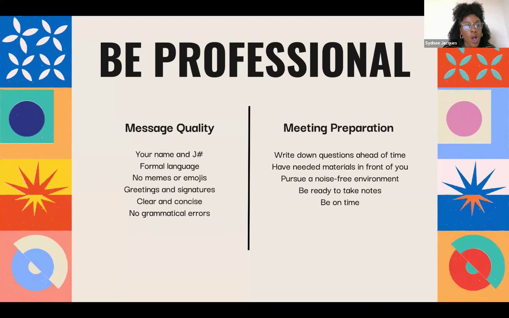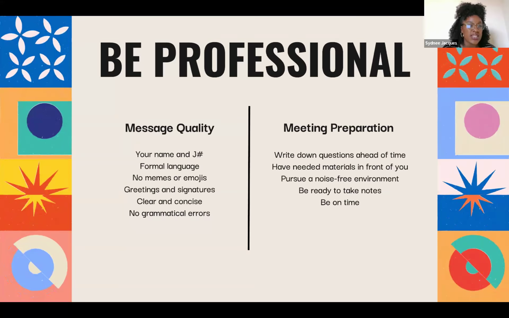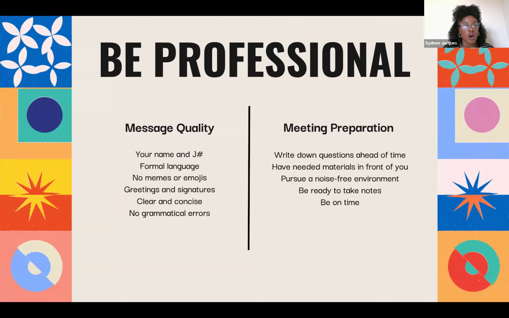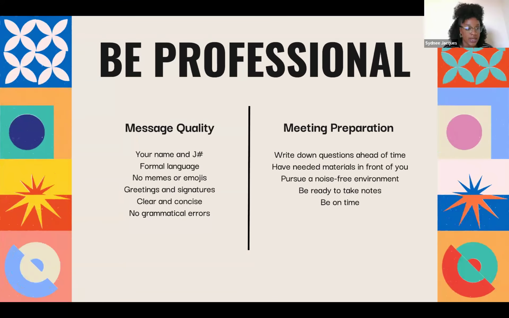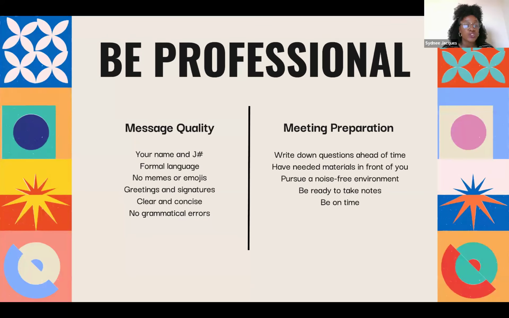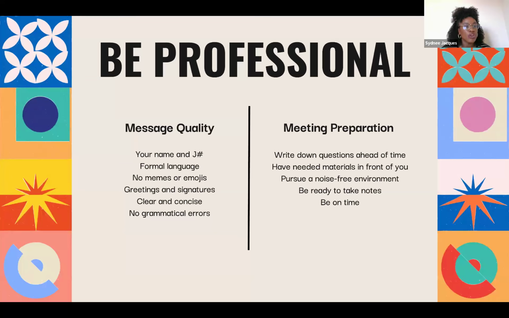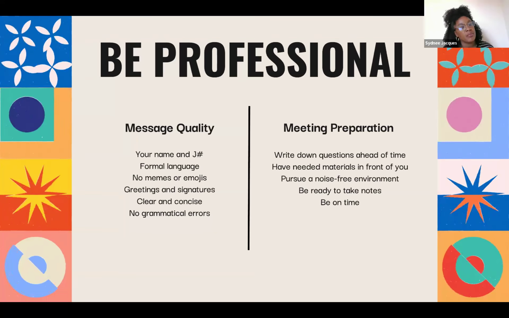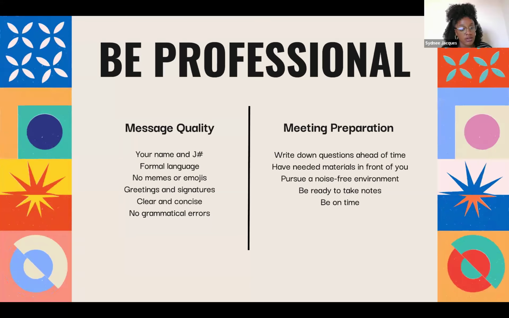You want to make sure the quality of that message is high quality. You want to ensure that you are using proper email etiquette when engaging with your instructor. So, for instance, if you really want to get an immediate response, include your name and J number in the email.